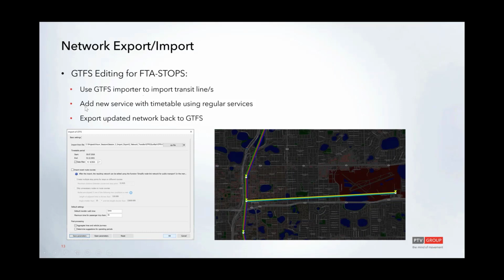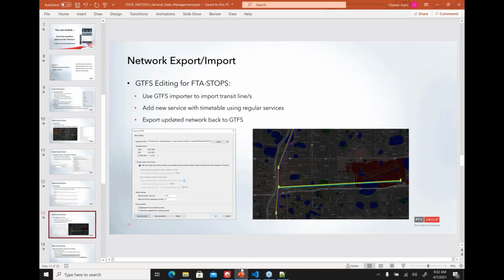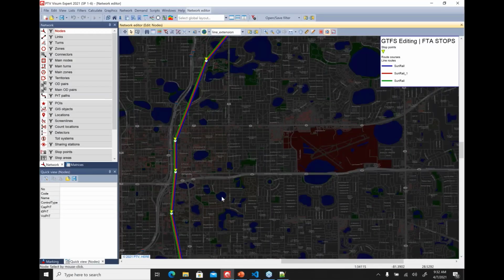Then you would add your new build, a new service with a timetable, and then export that back. Here we already have an airport. Let's say you wanted to add or evaluate a new line to and from the airport. You can add that in this network, generate the timetable, and then export all of that data back to GTFS format so you can analyze it in STOPS.